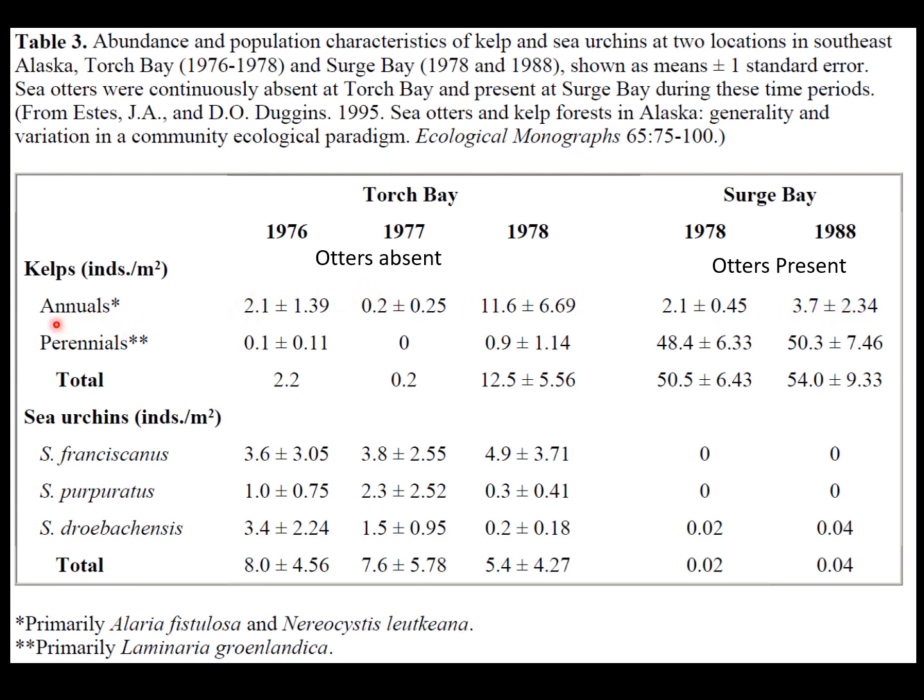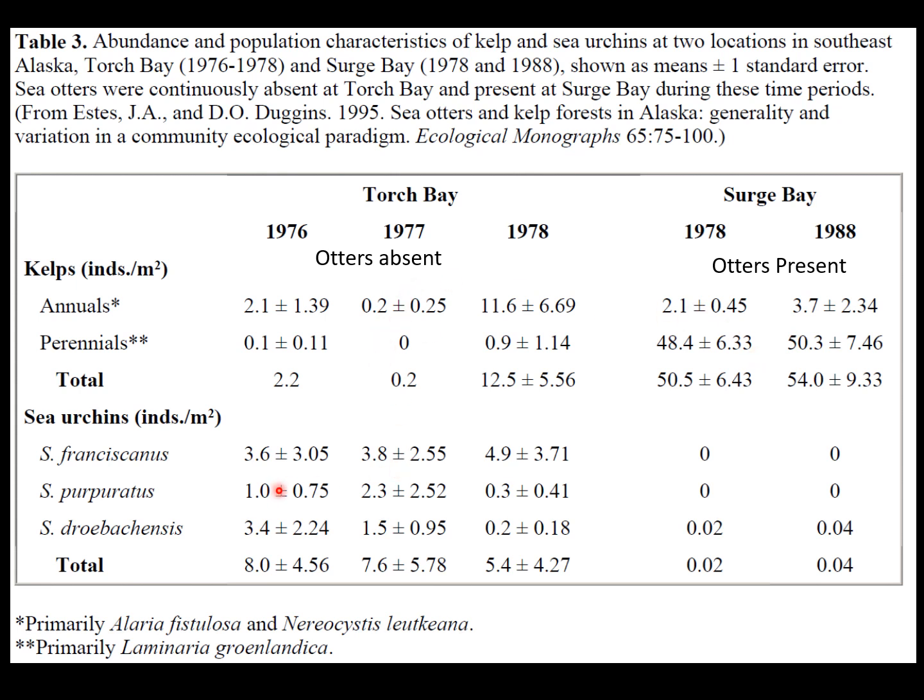It is in fact that annuals can keep regenerating every season, but perennials on the other hand suffered the greatest. The difference is about 50 times between the sites where sea otters were present versus sea otters were absent.